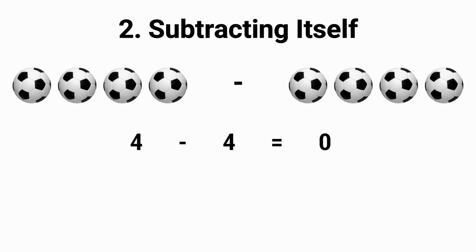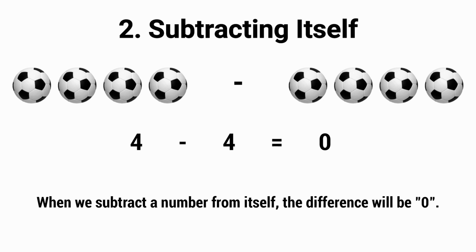So children, when we subtract a number from itself, the difference will be 0. As we had 4 balls with us and we gave all 4 balls, we will be left with 0 balls.